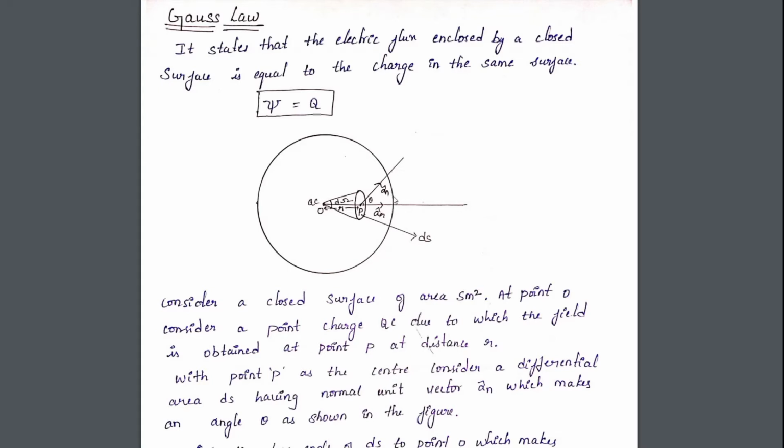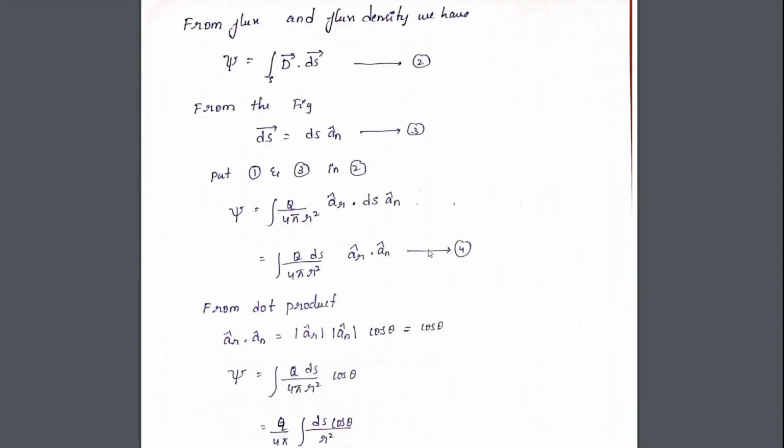And the angle between AN and AR is taken as theta. After defining this in the figure, from the figure you can write ds vector is what? The area you have defined at point P has magnitude ds and the unit vector is AN. So the ds vector will be ds into AN.